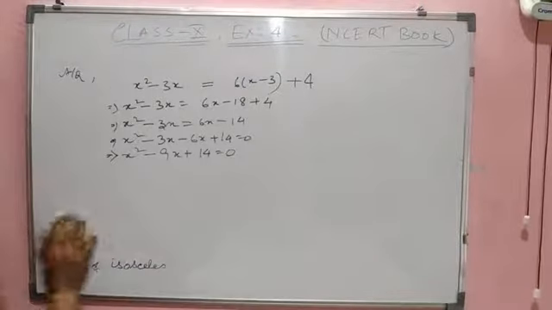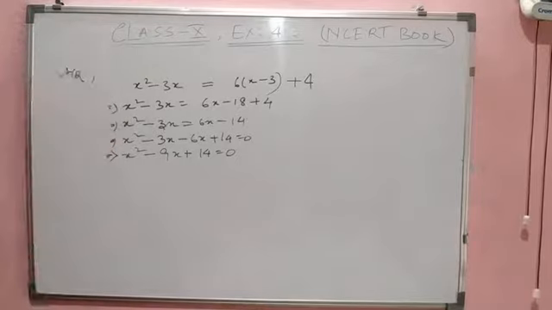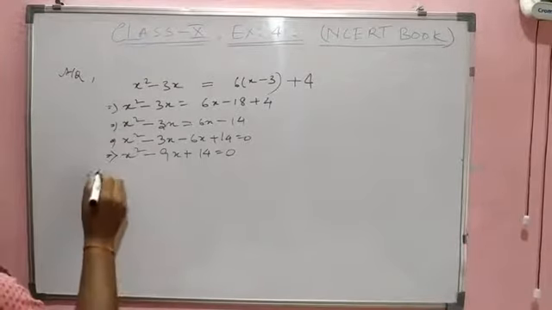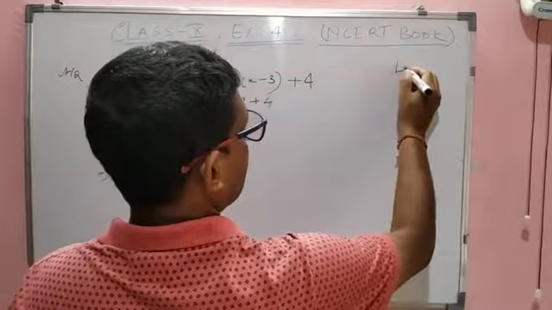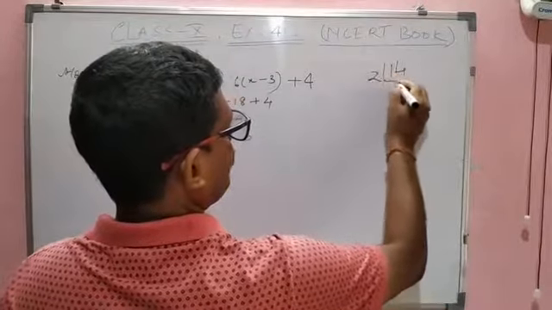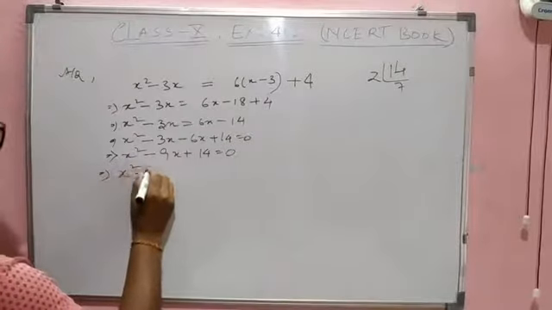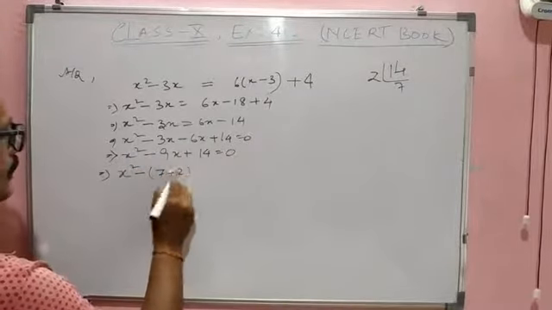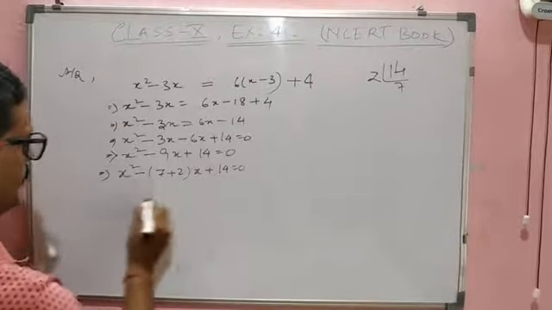For the factorization method, 14 can be written as 2 into 7, so 7 plus 2 equals 9. So x square minus (7 plus 2) times x plus 14 equals 0.